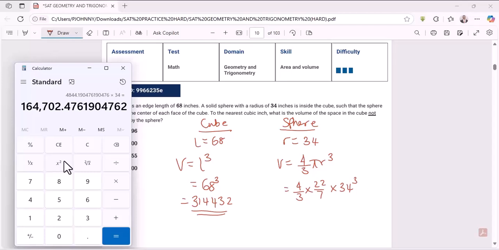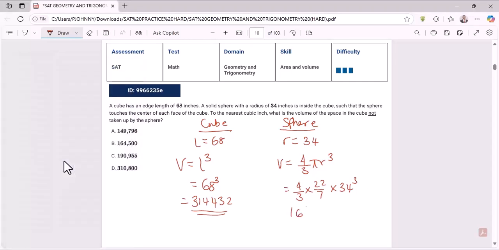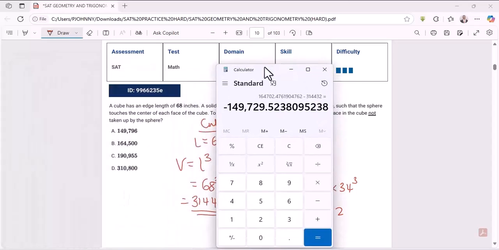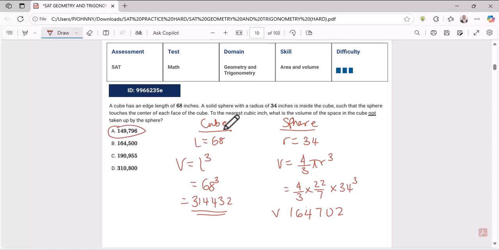So I have 164702 approximately as the volume of this sphere. So I want to find the space in this cube that is not occupied by the sphere, so I'll just find the difference of their volumes. So I'll say this minus, just do the other way around. So this should give me about 149 7, yeah. So option A is the correct answer.